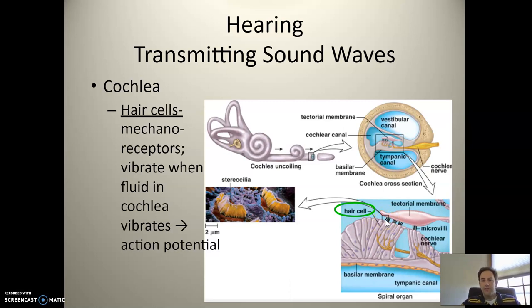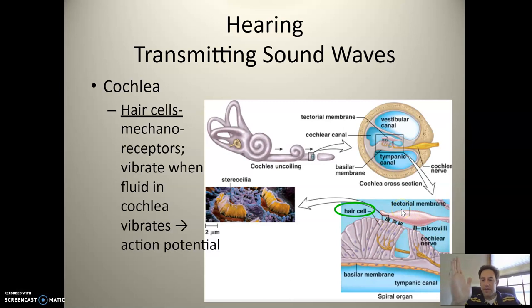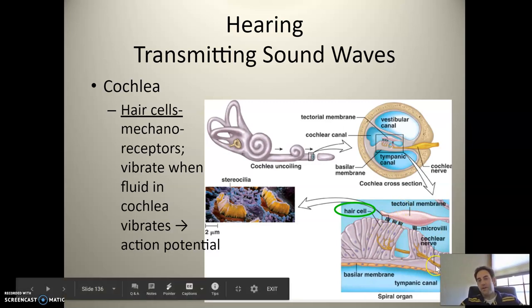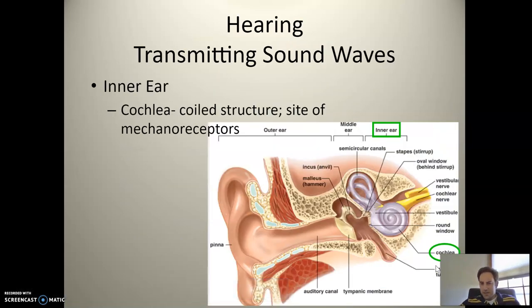Essentially, when that fluid is vibrating, that causes this basilar membrane to vibrate as well, which then wiggles the hair cells against that tectorial membrane. And the wiggling of the hair cell against that upper layer is what actually causes them to fire an action potential. So that is fairly complicated, there's a lot of parts there, but really it's just converting energy from one form to another.